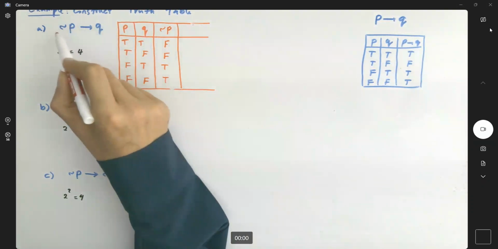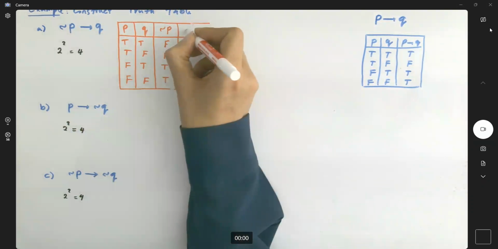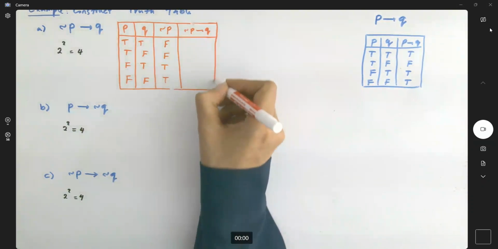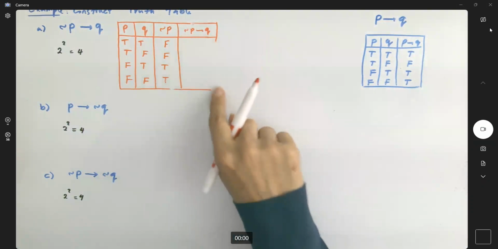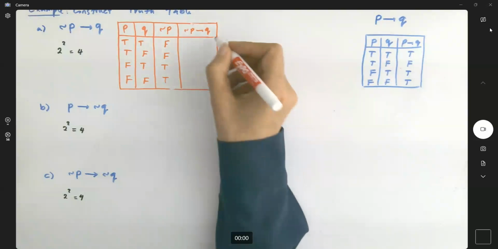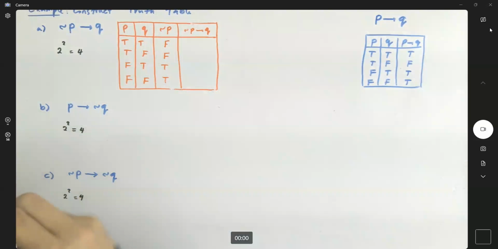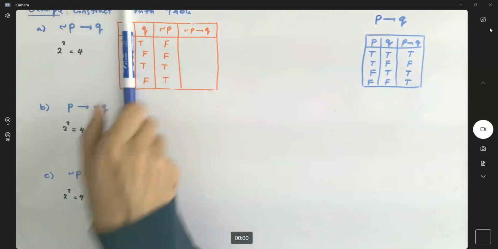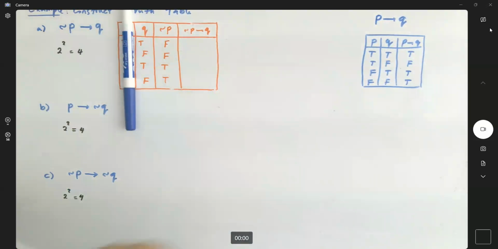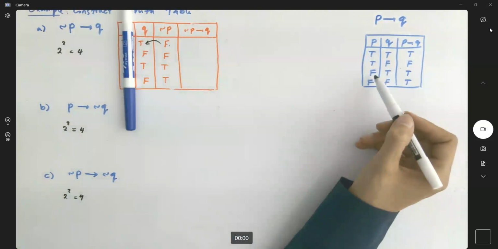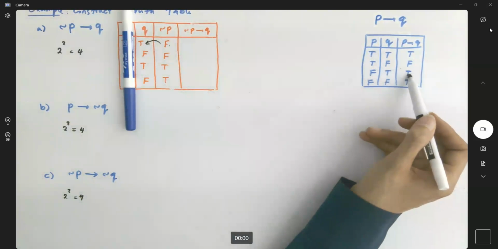I can just construct not P, then Q. Guys, ignore P. We don't need P anymore. Just make sure you follow the order. False, then true. False, then true is true.